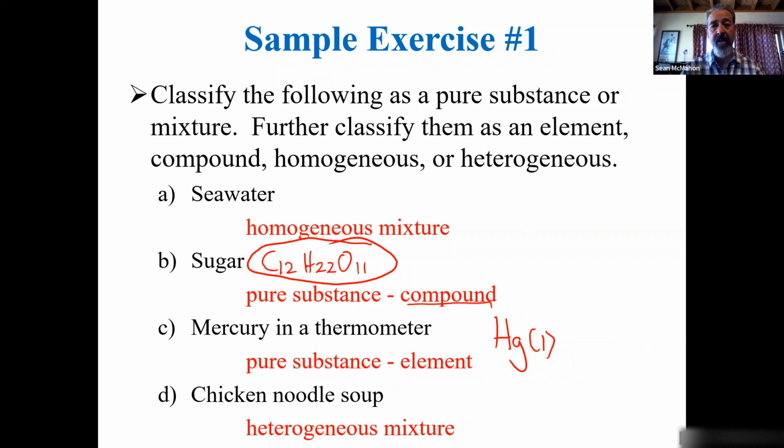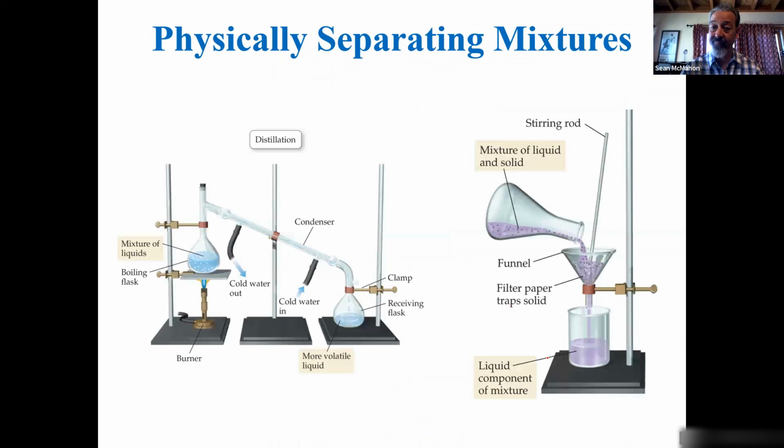So on that topic, when we talk about mixtures, one of the things that we do in lab is when we have mixtures, we want to separate them into their pure substances, their pure components. That's actually really common. One example of separating liquid-liquid mixtures, where both components are in the liquid state, is distillation.